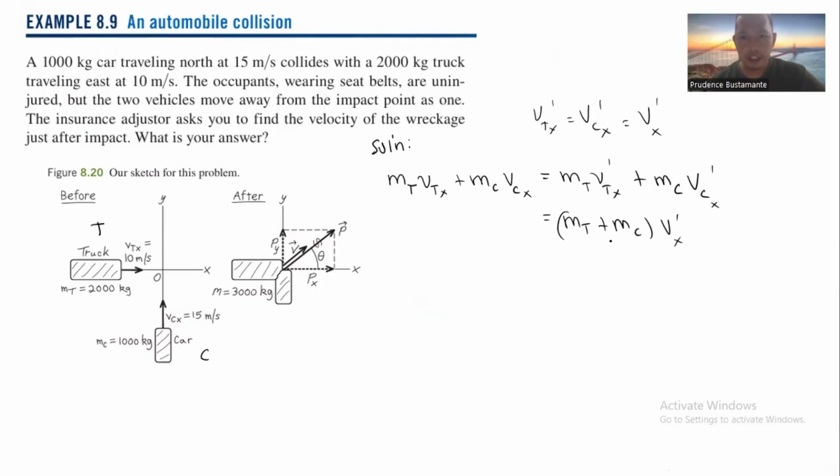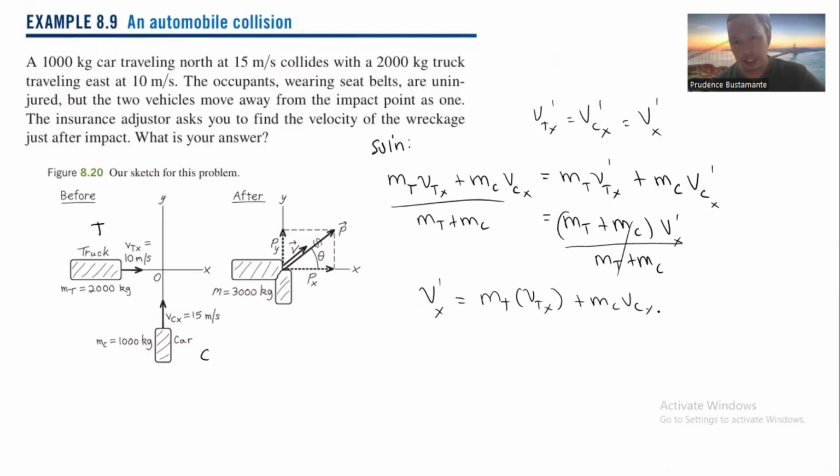To finish this, we divide both sides by mt plus mc, and they cancel. So for Vx prime, the final velocity along x, we have mt Vtx plus mc Vcx over mt plus mc. This is only for the x component.